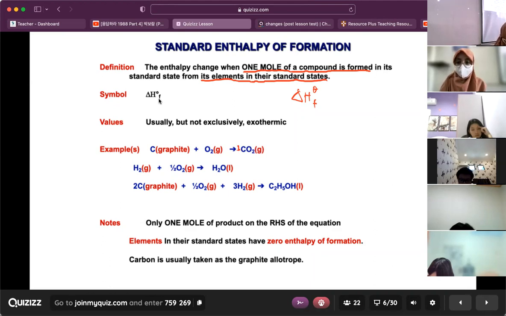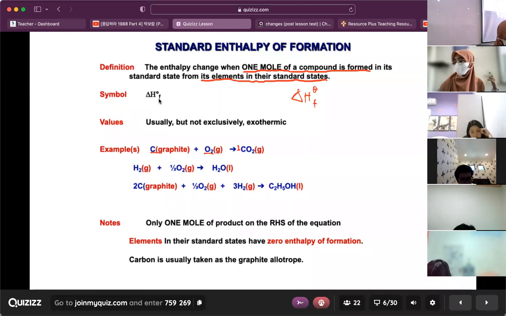CO2 is a gas as standard state, and formed from its elements in their standard states. The elements are carbon as graphite and oxygen as gas. So this one and this one are the elements of carbon dioxide.